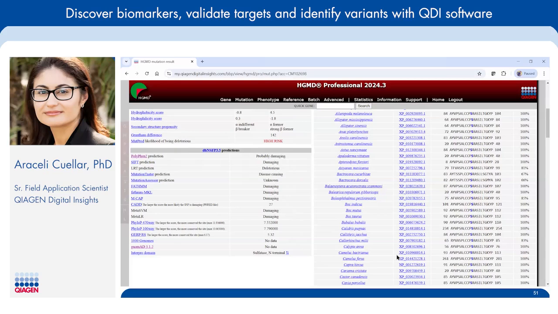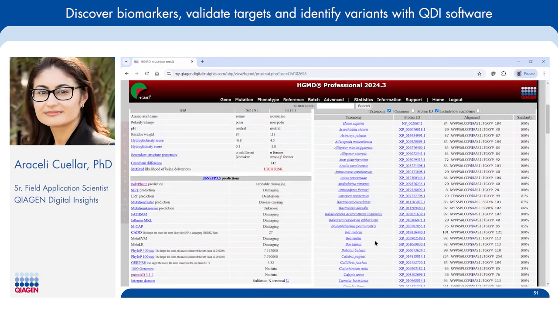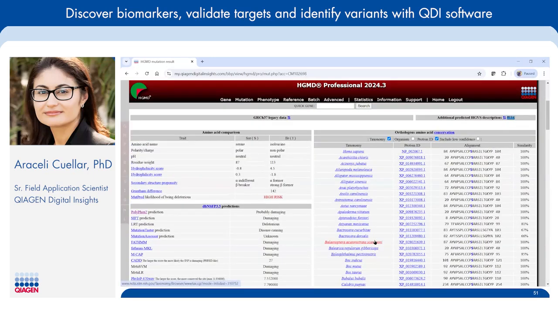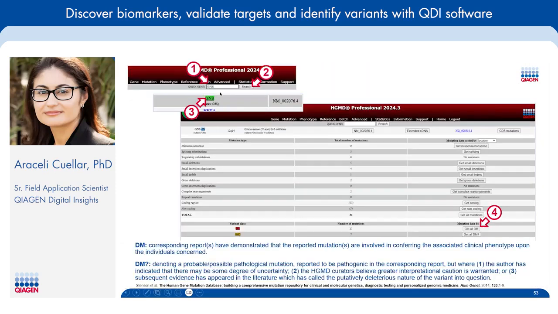By taking a look at this different information, it can help you determine whether this particular mutation is deleterious or not, or whether you can use it as a drug target. Just to review how we got here, you searched for your gene of interest, selected it, and then took a look at specific types of mutations. In this case, we looked at disease-causing mutations.